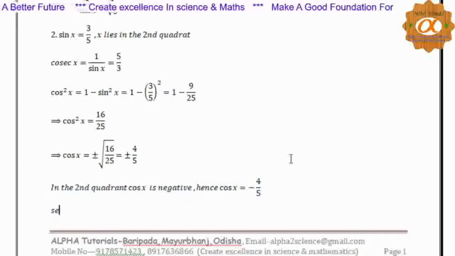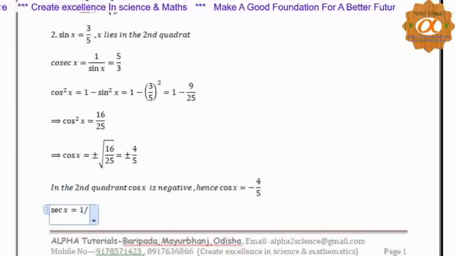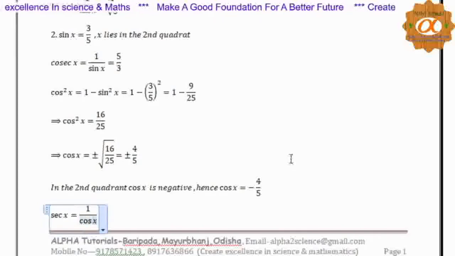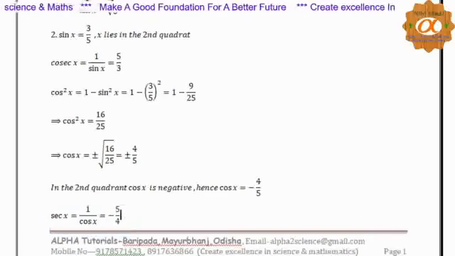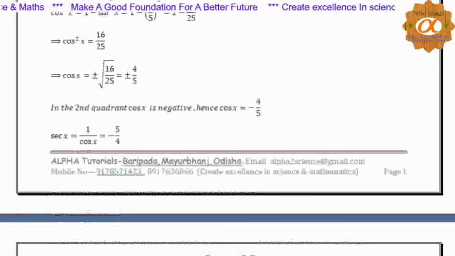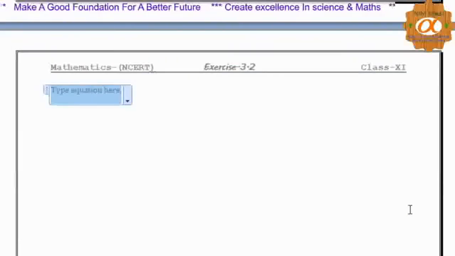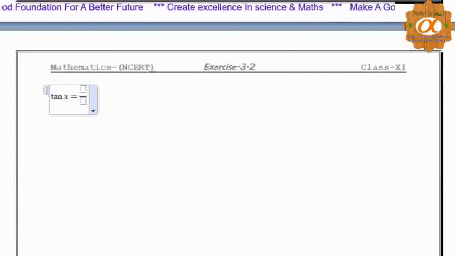That means sec x, which is the reciprocal of cos x, its value will be minus 5 by 4. Now we want to calculate tan x. Tan x is equal to sin x by cos x.